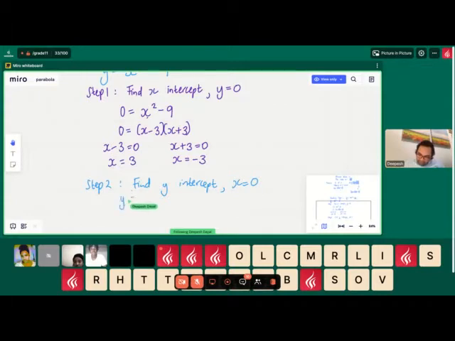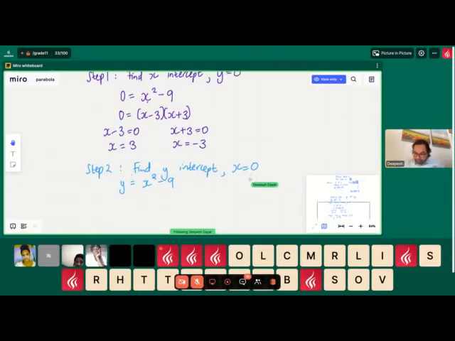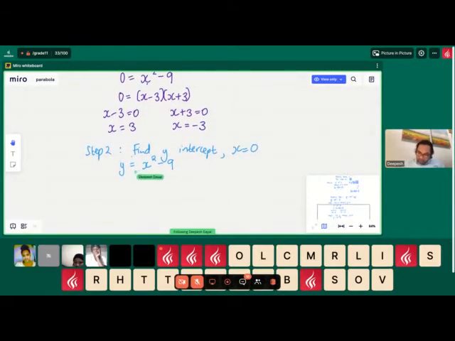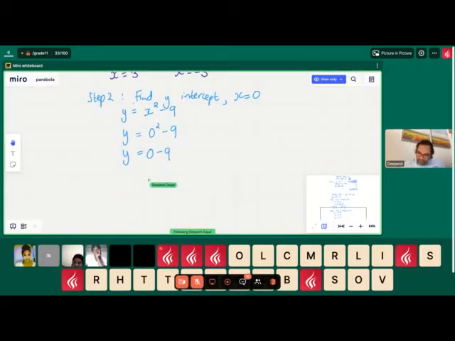So we've got our equation, y equals x squared minus 9, and we're going to make x equal to 0. So we're going to say y equals 0 squared minus 9, which is 0 minus 9. So y will equal minus 9.